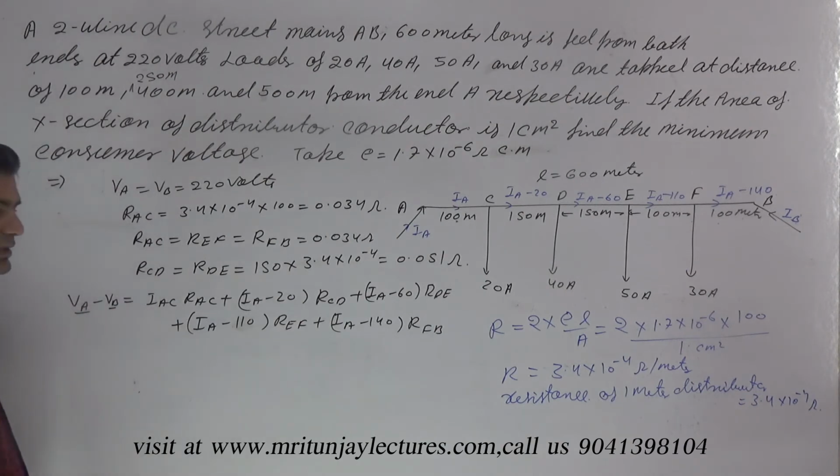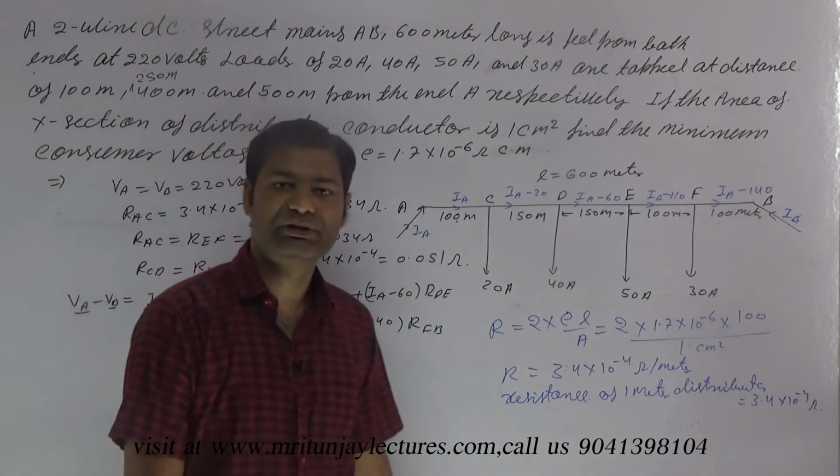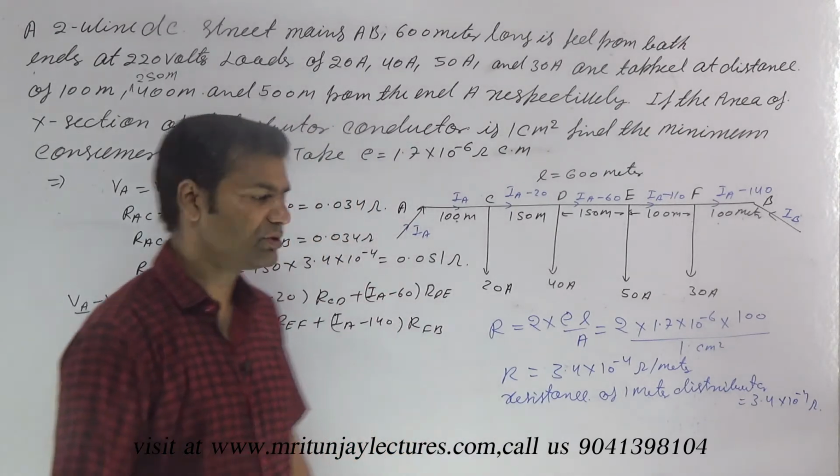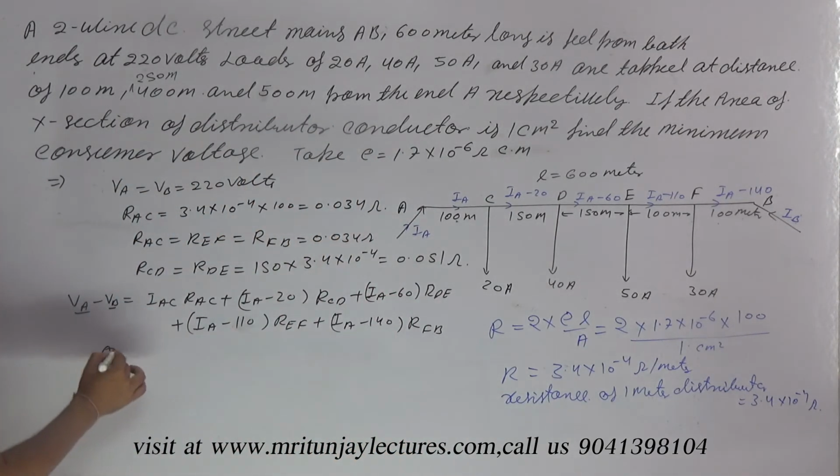VA and VB are both the same, that's why the voltage difference between VA minus VB is 0. So this one is 0.